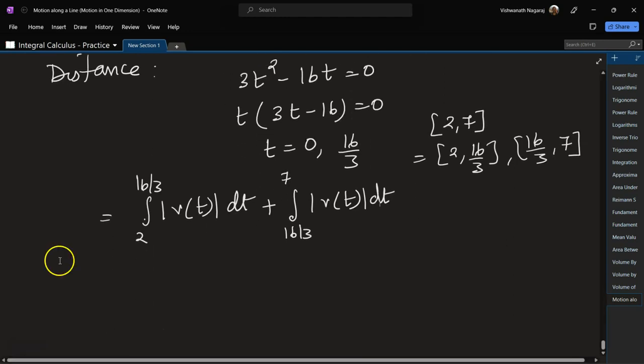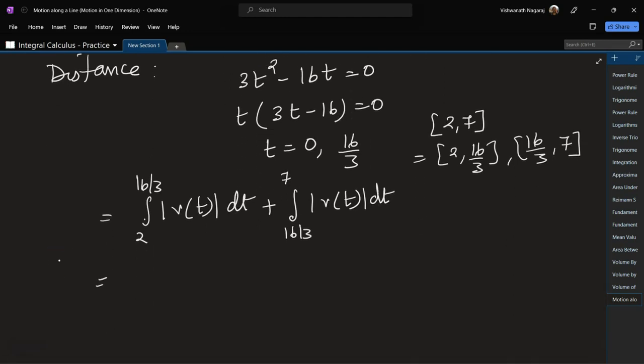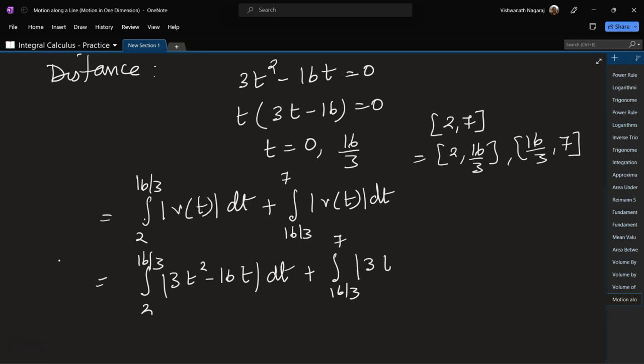So let's very quickly do this. This would be the integral from 2 to 16 by 3 of the absolute value of 3t square minus 16t dt, plus the integral from 16 by 3 to 7 of the absolute value of 3t square minus 16t dt.